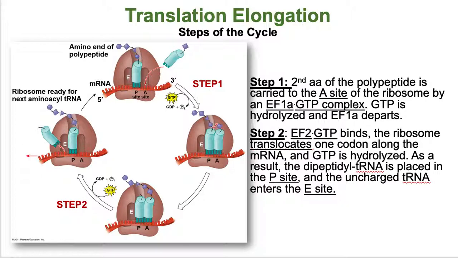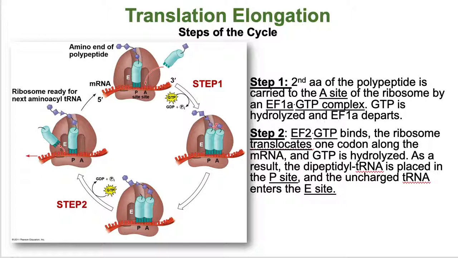This EF1 alpha departs. Then you have the second step. Now we transfer the chain from the initiator methionine. Not in this case, there are already several amino acids here in purple, but this tRNA gives the growing chain to the new tRNA, attaches it to that amino acid, and then this one becomes freed up.